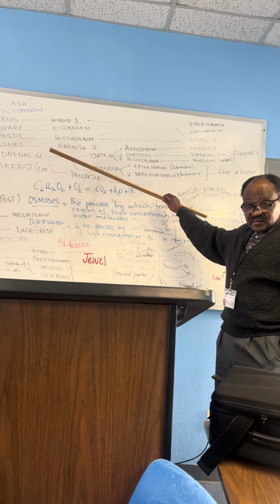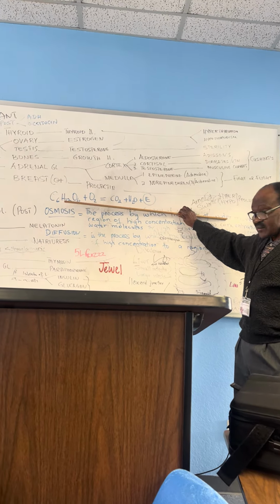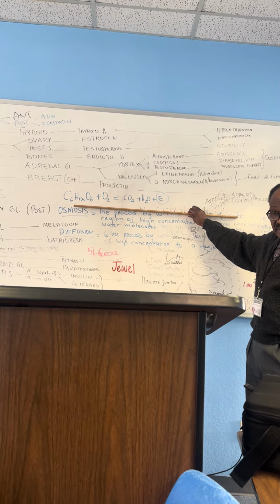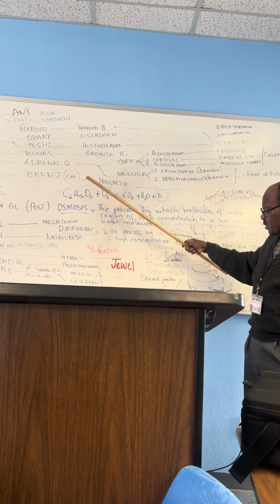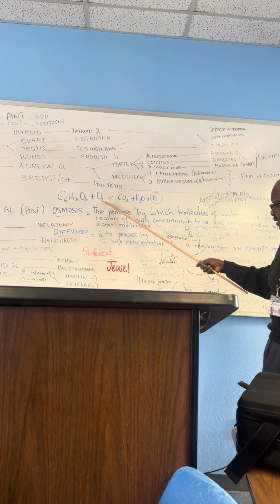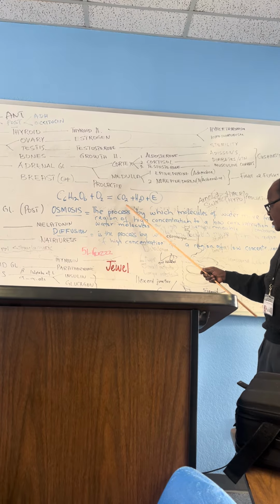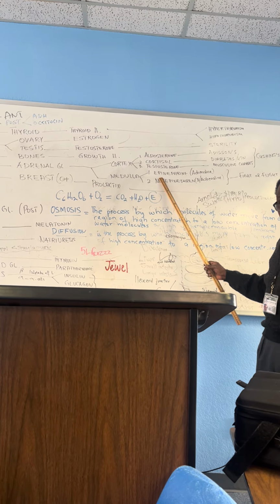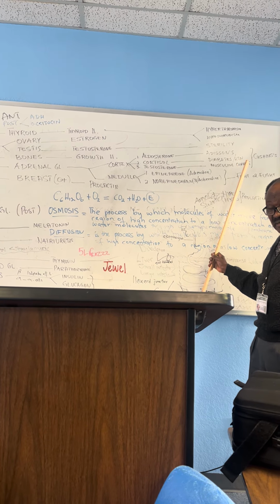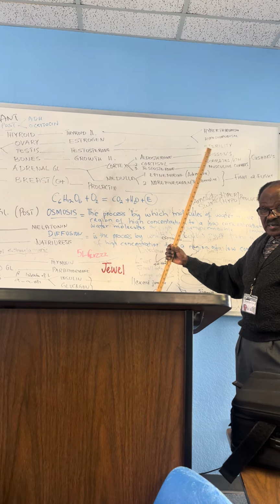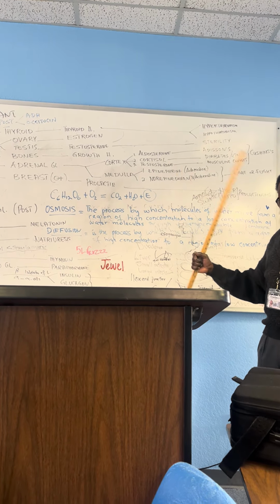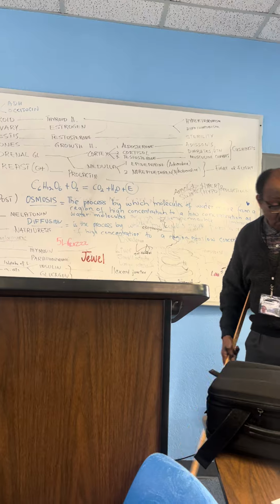Now, always in every system, we have to come back to this chemical reaction, which is cellular respiration on this side, and this side is photosynthesis. Photosynthesis occurs in plants. The cellular respiration occurs in the animal cells, within the cells. So we as animals have cellular respiration occurring within all of our cells, all the tissues.